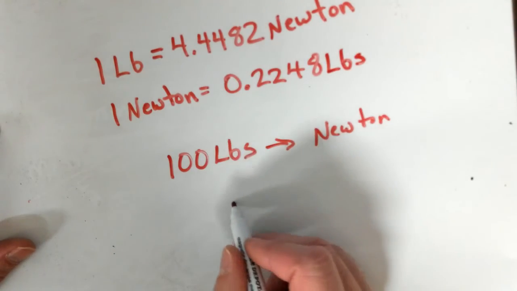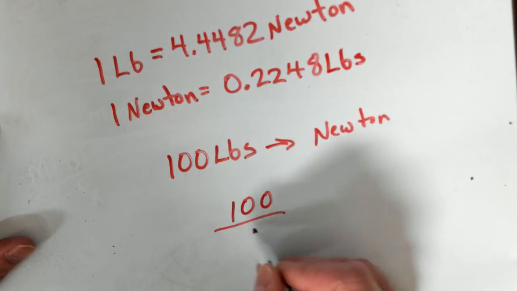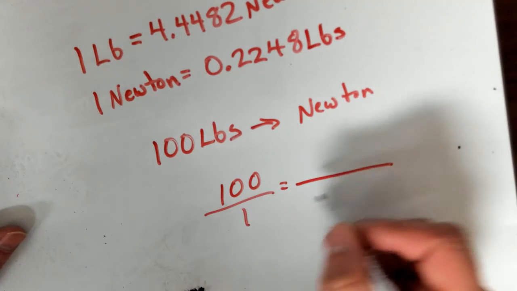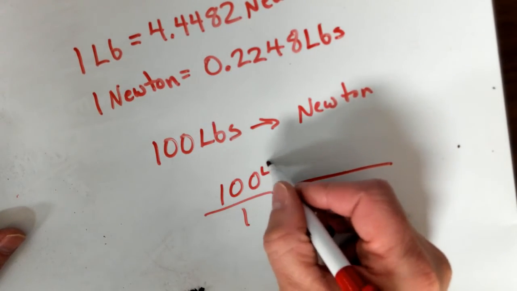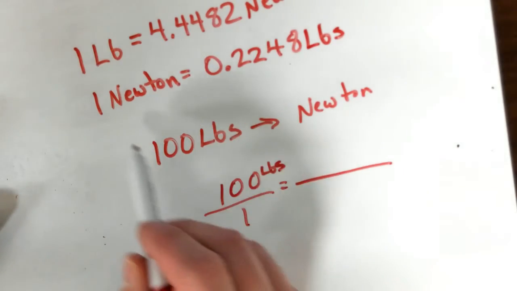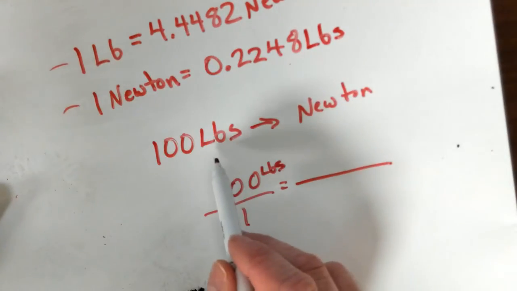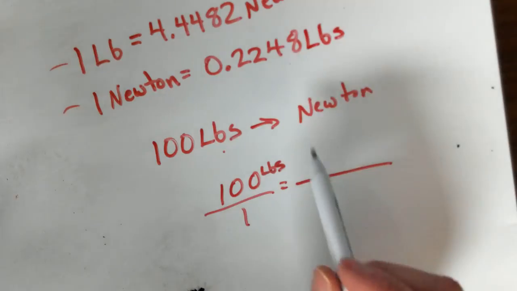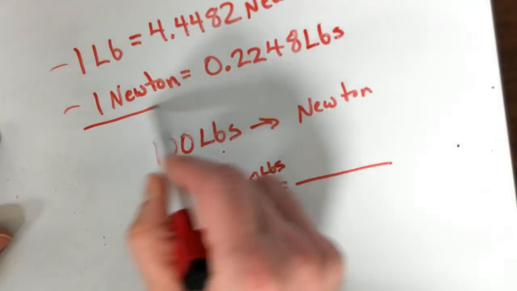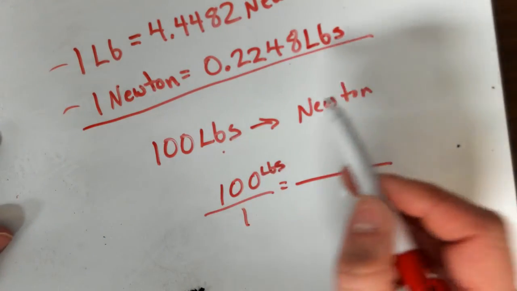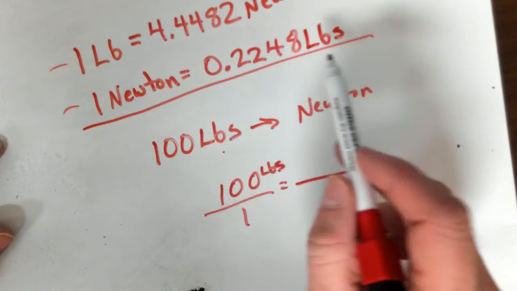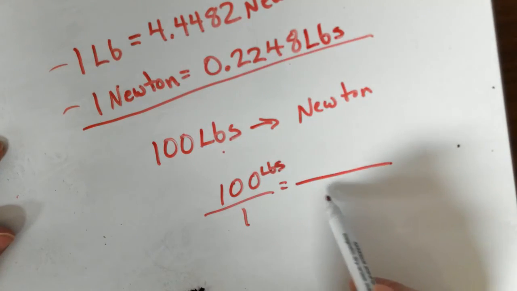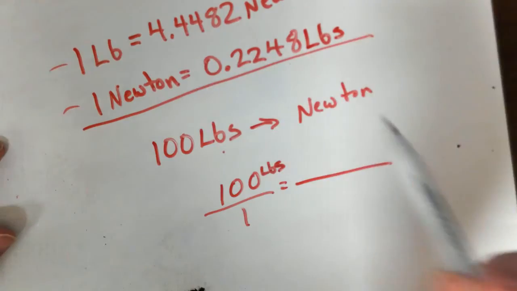And what I do, I take my 100, put it over 1, and then again, this 100 would be my pounds. Well, I have to use one of these conversion factors that has both pounds and newtons. Well, both of them has pounds and newtons in it, right? So all I have to do is choose one. I'll choose this one down here. It doesn't matter. And you all see that my pounds would have to go opposite of it so I can cancel them out. So what would be left would be newtons.